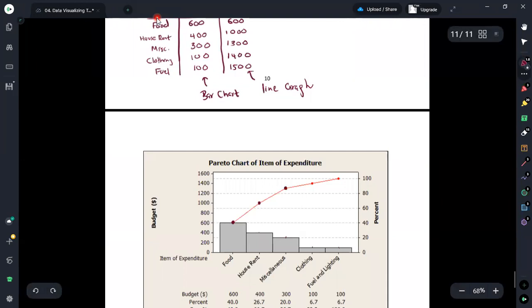Then for clothing, and then fuel and lighting. To construct the line chart, we are not drawing it freehand. We have to connect these dots. Therefore, using a ruler, you have to connect two consecutive dots. This is how we are constructing the line graph for the Pareto chart.